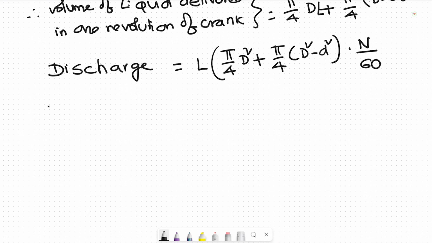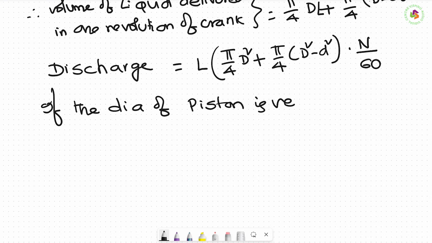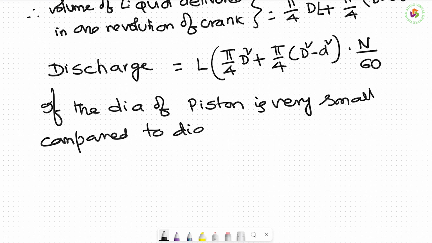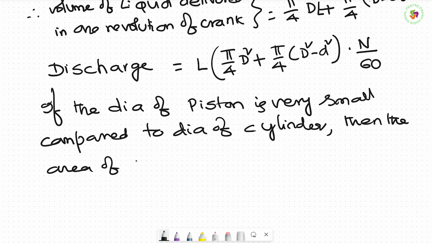Suppose the diameter of the piston rod is very small compared to the diameter of cylinder, then the area of the rod can be neglected.